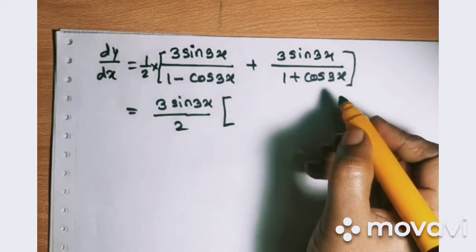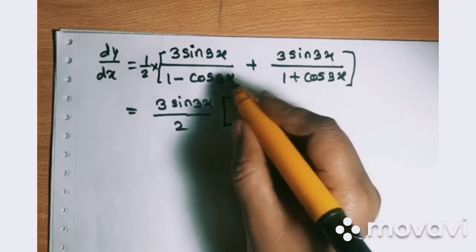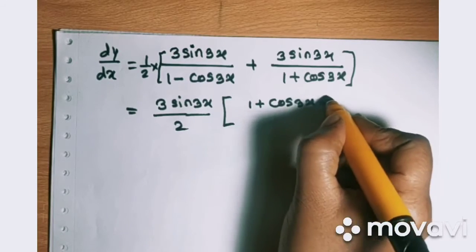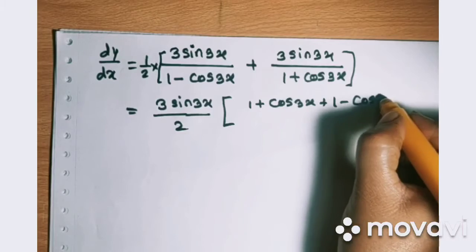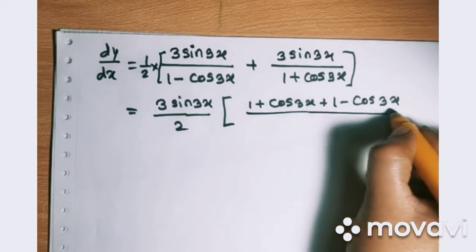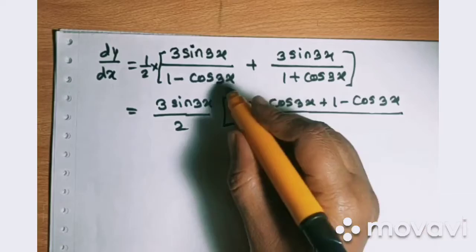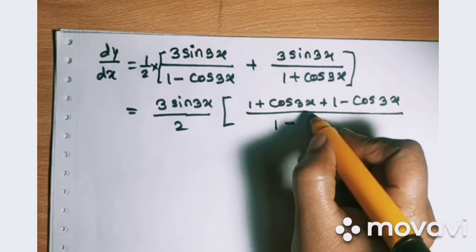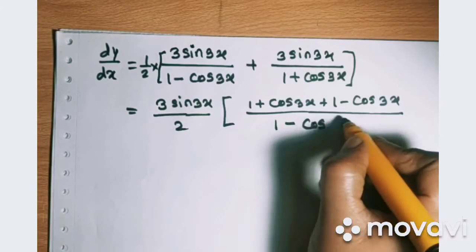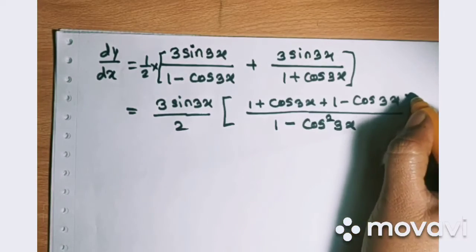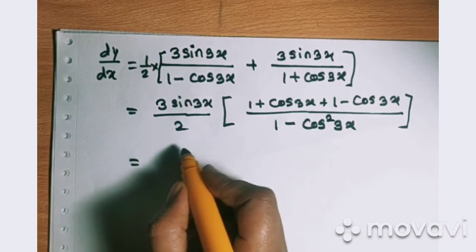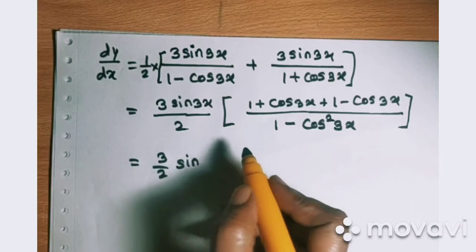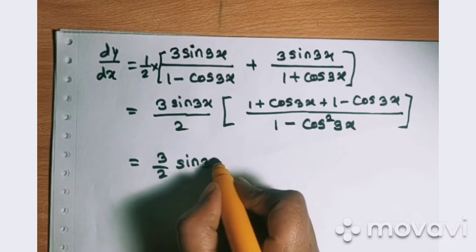Into the bracket we take the LCM of these two, that is (1 plus cos 3x) plus (1 minus cos 3x) divided by (1 minus cos 3x) into (1 plus cos 3x). The denominator becomes 1 squared minus cos squared of 3x. We have to write it as 3 by 2 into sine 3x.